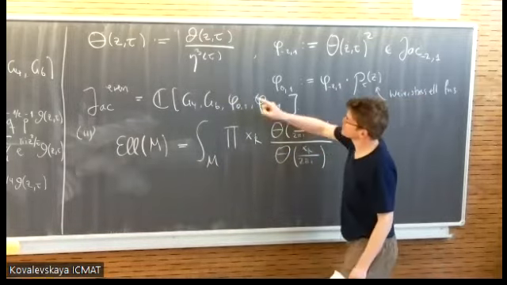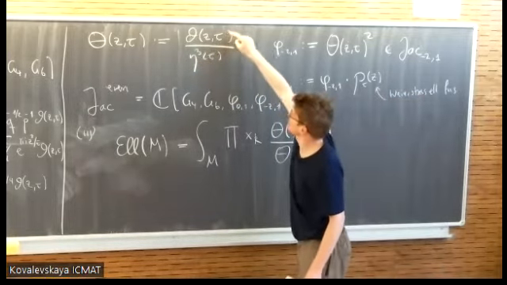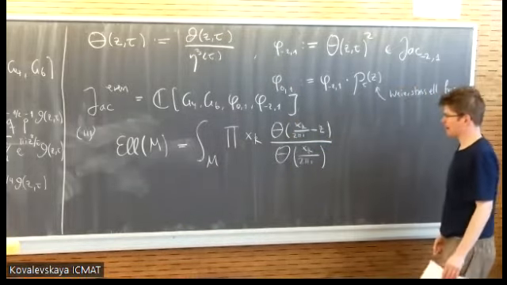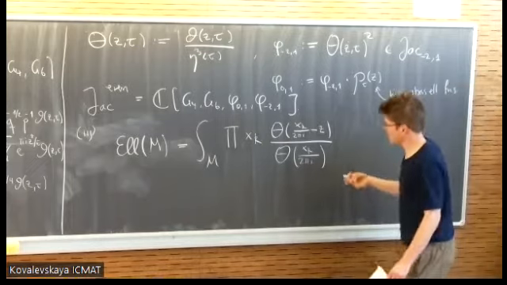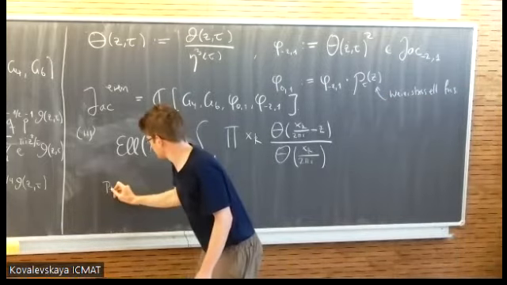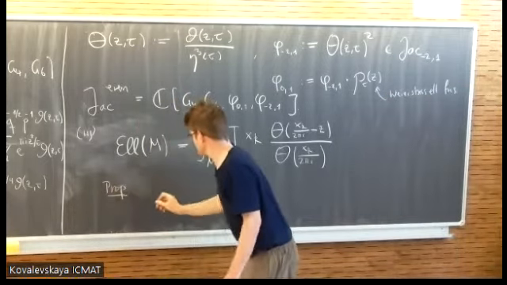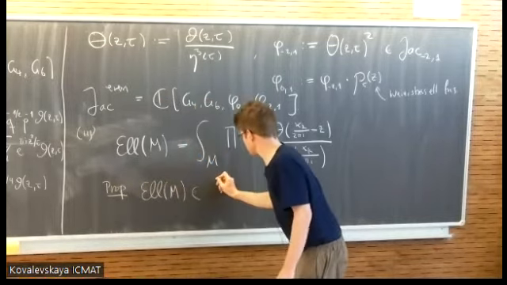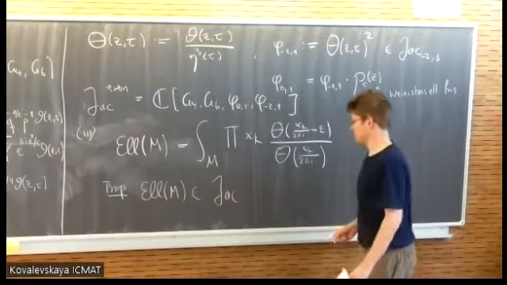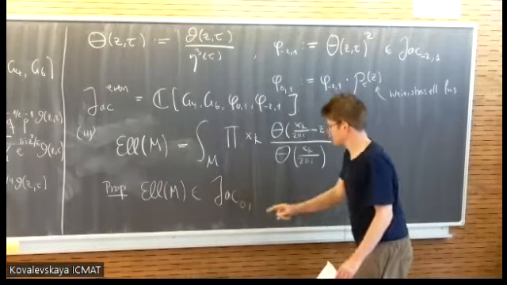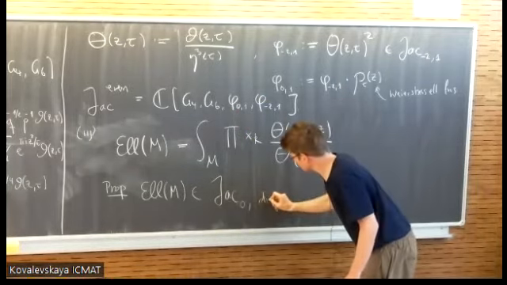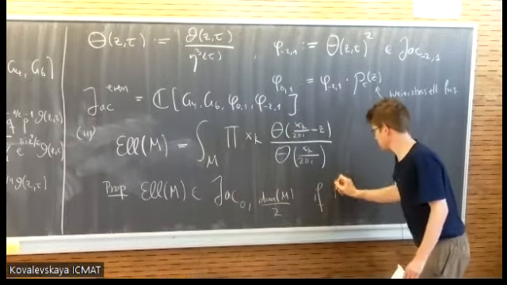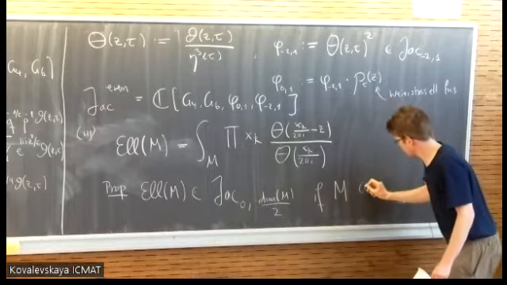The normalization doesn't matter because we divide by it. The claim, proposition, done yesterday, is that this is a weak Jacobi form of weight 0, and the index is half the dimension of M if M is compact Calabi-Yau.